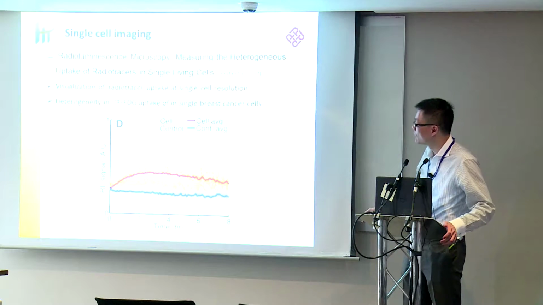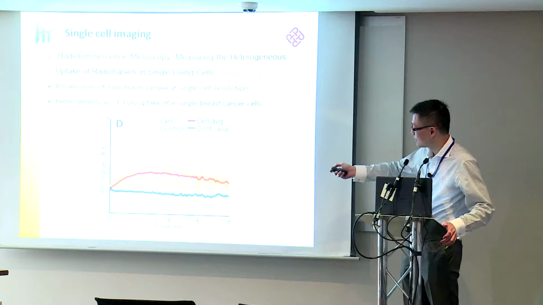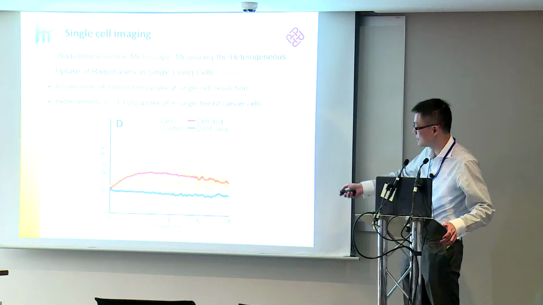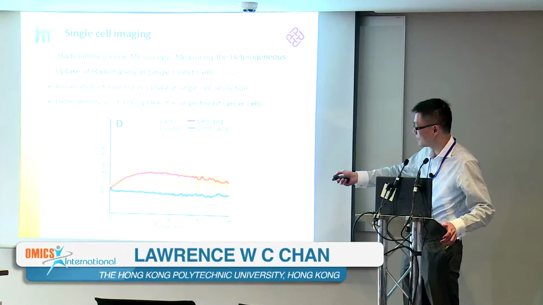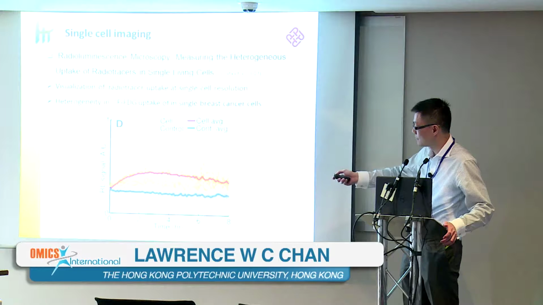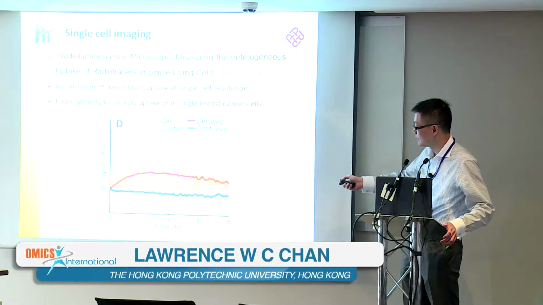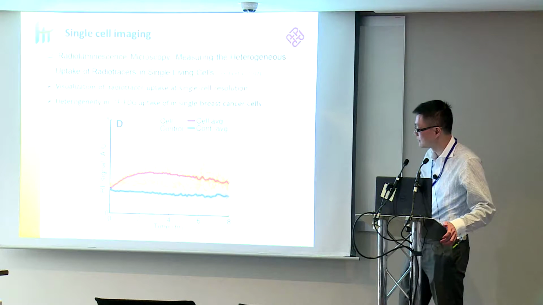So they found that this technique can visualize the tracer uptake at single-cell resolution. Different cells have different time profiles, and also there is heterogeneity of the radio tracer, 18F-FDG, uptake in different breast cancer cells.